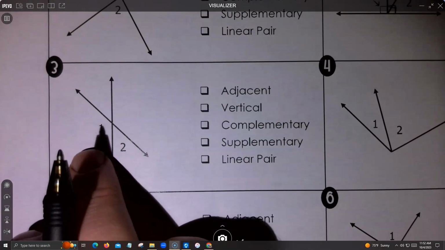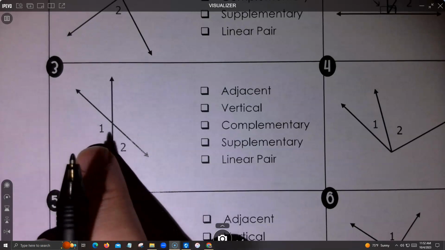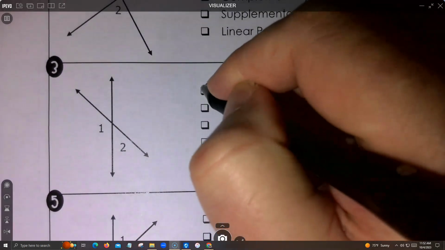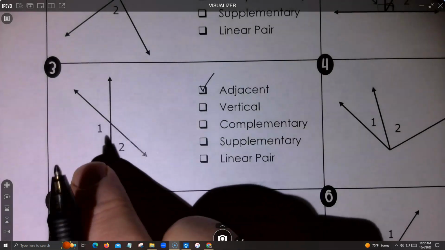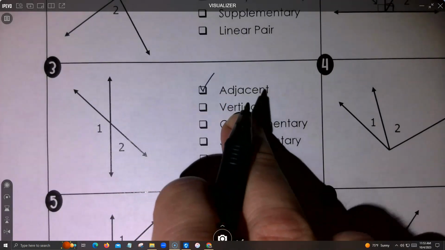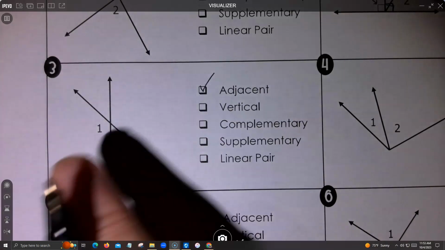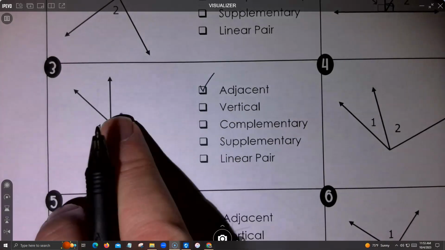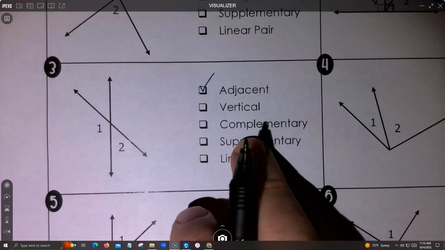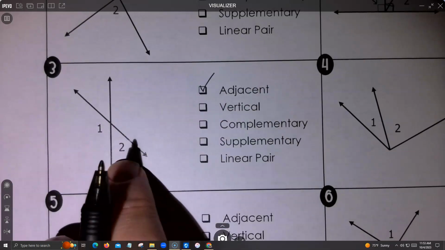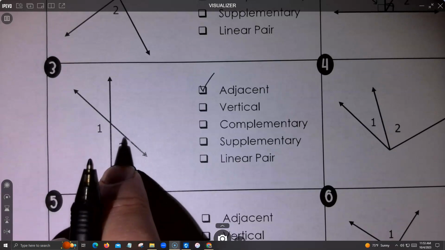Okay, number 3. Okay, these angles, do they share a common side? Yes, so they are adjacent. Are they vertical? Okay, no. And I'll give you a big hint. You can't be adjacent and vertical. You can't have a common side and be on the opposite sides at the same time. So if you're adjacent, then you skip the word vertical. Complementary. Do these add to be 90 degrees?